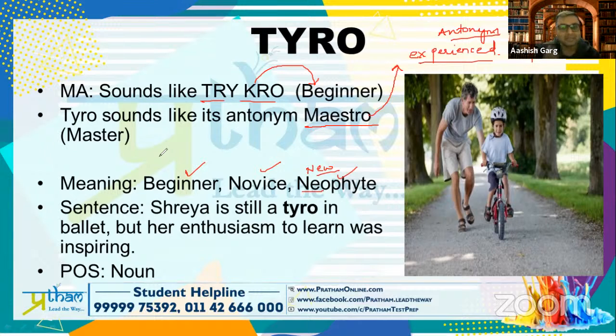So that is tyro. And that is what the usage is all about. That where you can use this word. Right? Again, Shreya is still a tyro. So Shreya is still something. And I have told you that when we refer to something, it is a noun. It is a noun. So, clear?